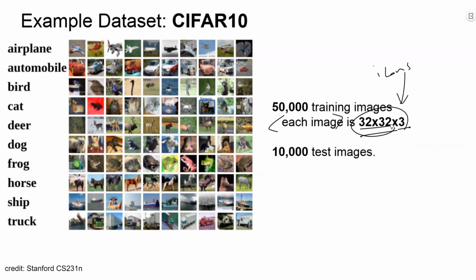Even though this was a very small image data set, the image size was very small, it contained 60,000 images. As I mentioned, it was one of the very first big data sets, and researchers are still using this data set.